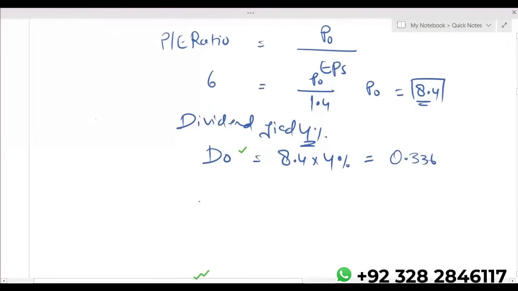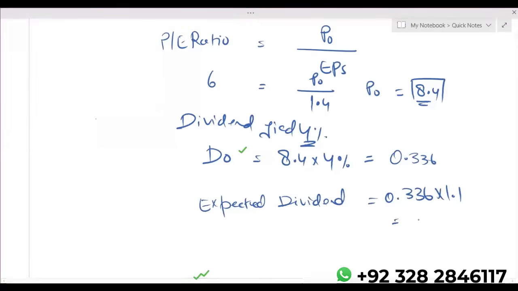Now look at this. Expected dividend will increase by 10%. 0.336 into 1.1. I'm getting 0.3696.